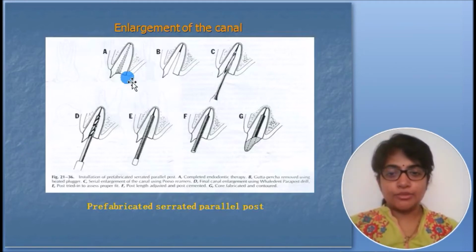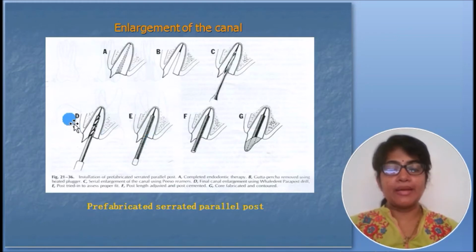As you can see here, first you remove the gutta percha. After removal, ensure the adequate apical seal, and then with your instrument go on preparing the canal 2 sizes above the last instrument used for the root canal treatment.